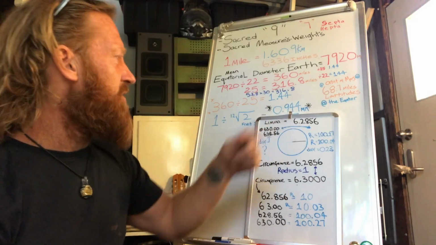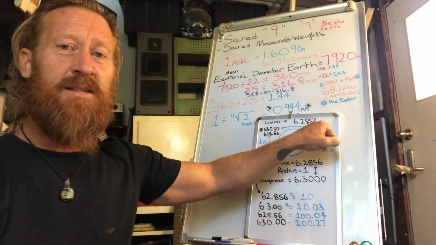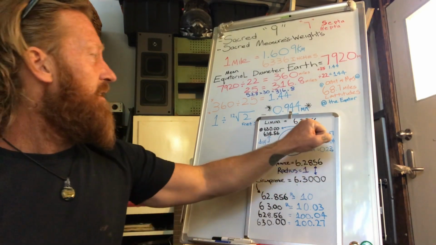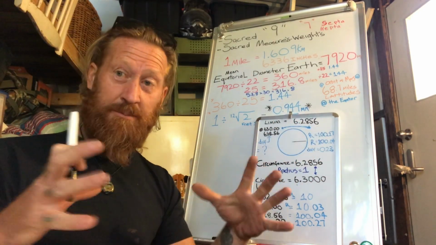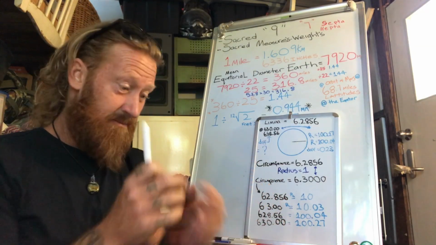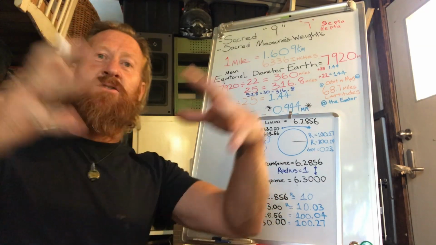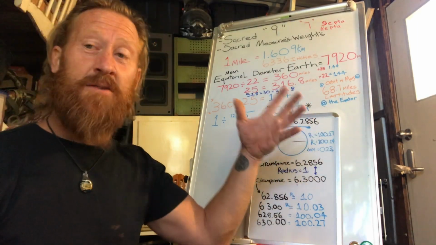So this 6.2856, and this fourth decimal place here with a 6, it's the fourth decimal place, remember, so in practical terms you can't see that. You cannot see this tiny fraction unless the circle gets very big, and then these little fractions become more visible.